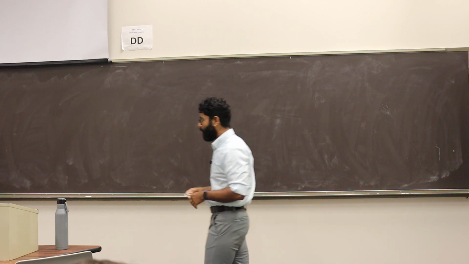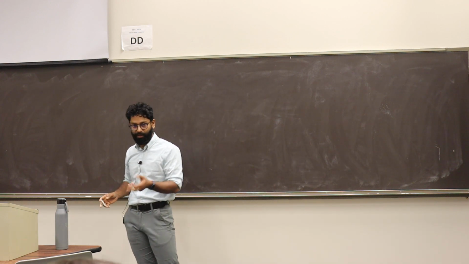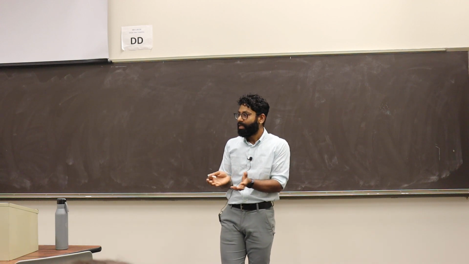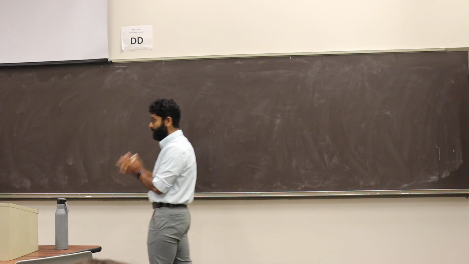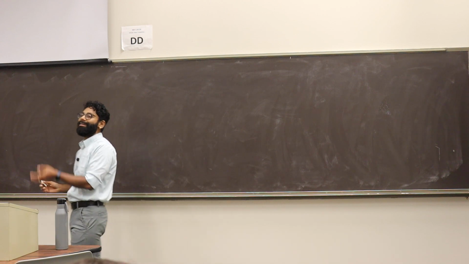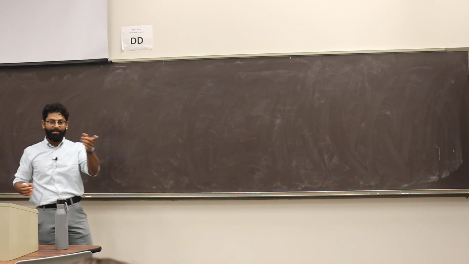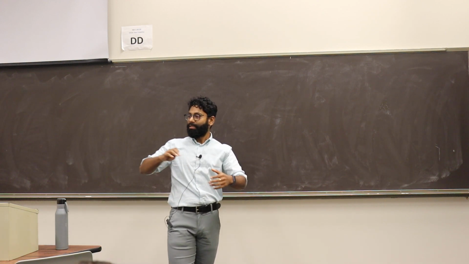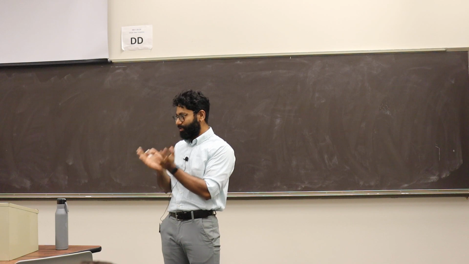Okay. Now you also saw the azimuthal quantum number, which gave you information about the shape. S orbital has the azimuthal quantum number of 0, P has 1, D has 2, and F has 3. So these gave you information about the shape.